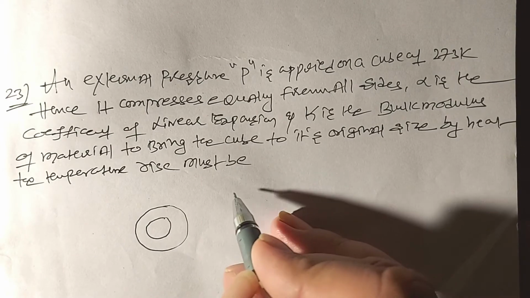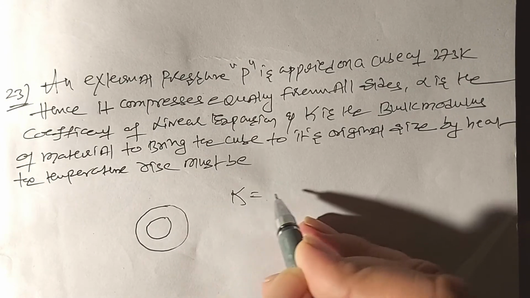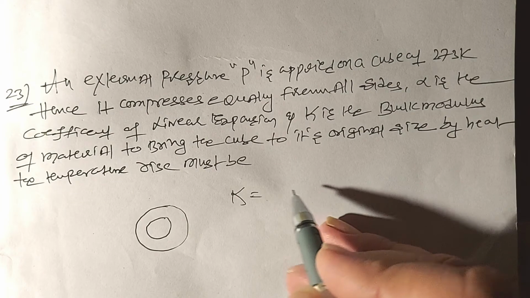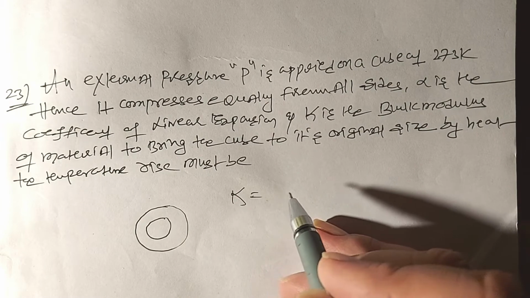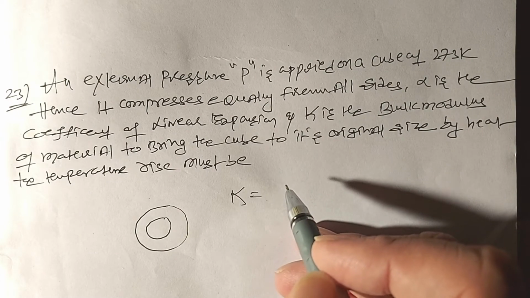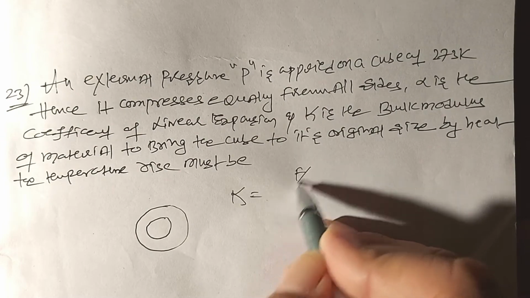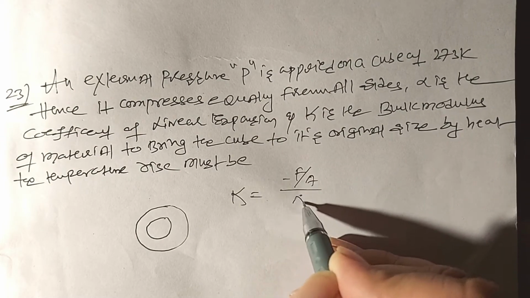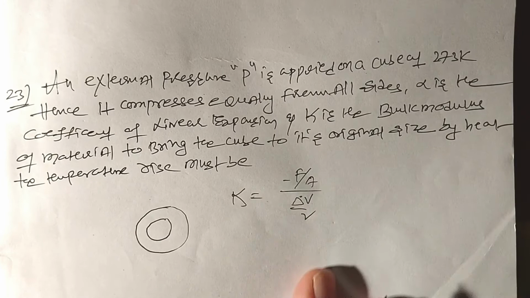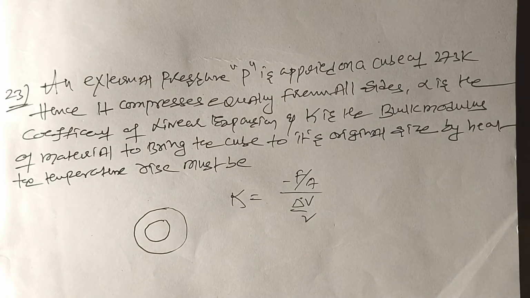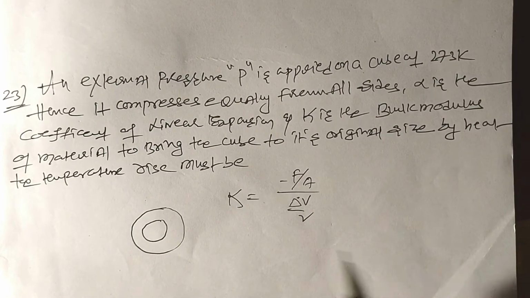Now, bulk modulus K, we wrote that what is bulk modulus? Bulk stress by bulk strain, F by A by delta V by V. So volume decreases, pressure increases. Okay.